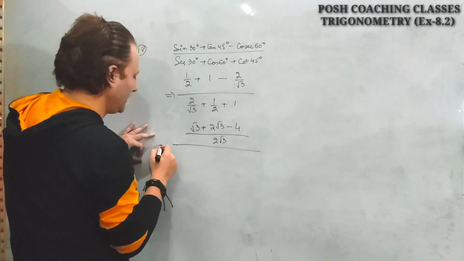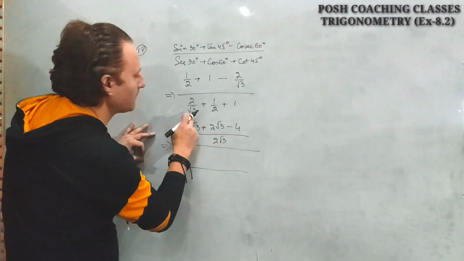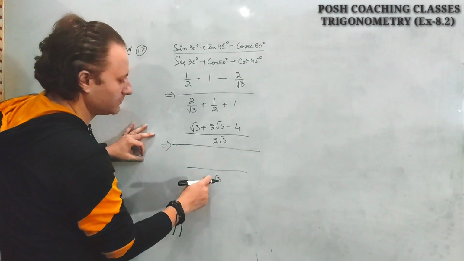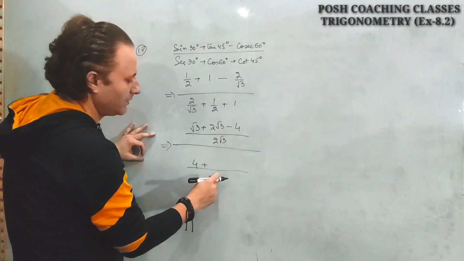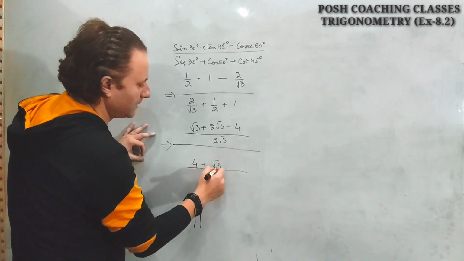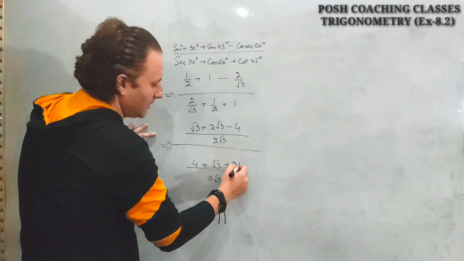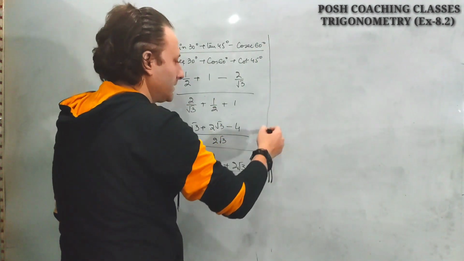Whole divided by, here also we have the same LCM because we have under root 3 and 2 here. So 2 under root 3, under root 3 gone, 2 into 2 is 4, 2 and 2 gone, under root 3 into 1 is under root 3, then 2 under root 3 into 1 is 2 under root 3. Clear? Now what next?